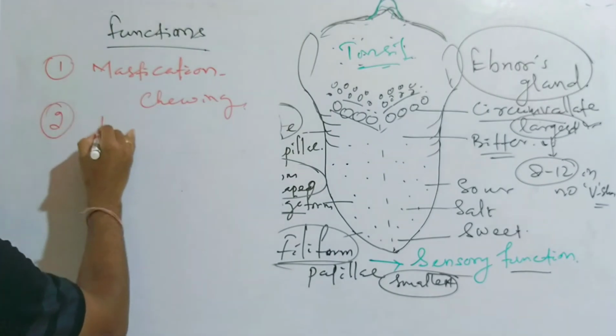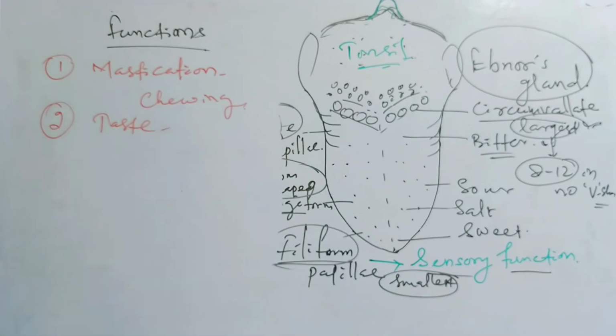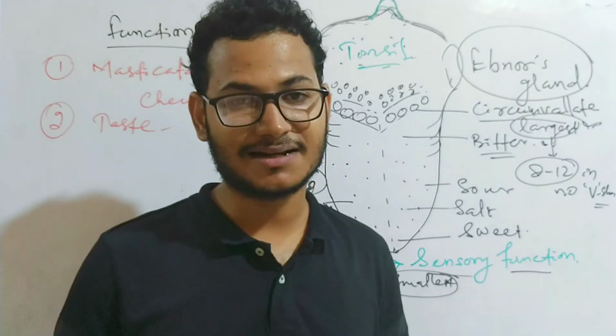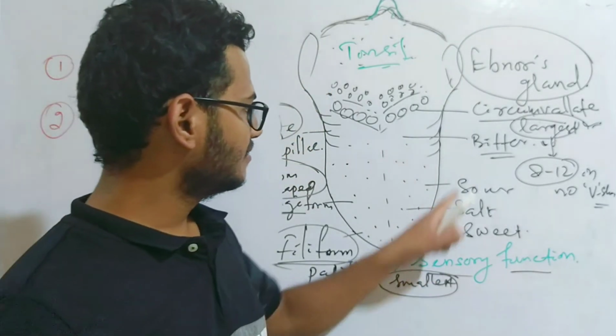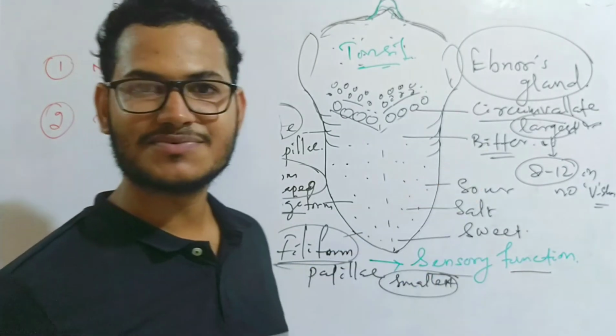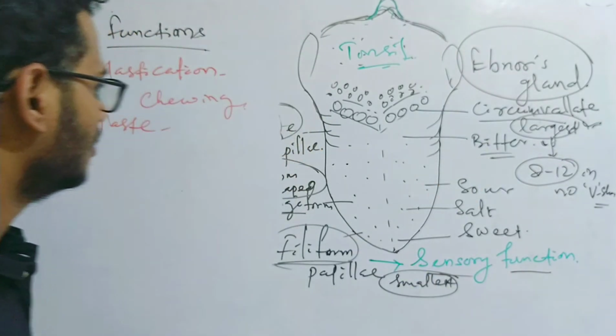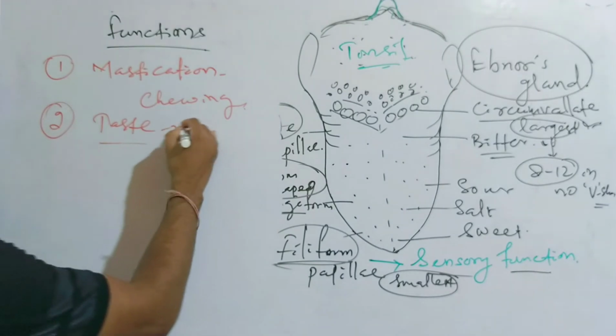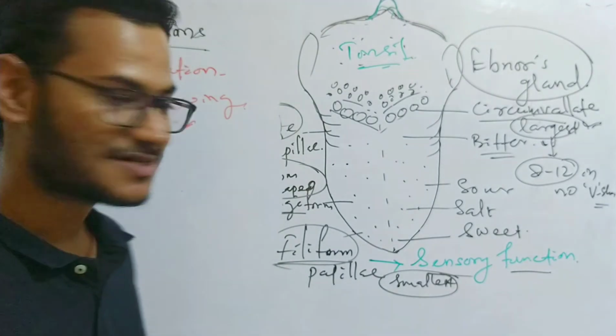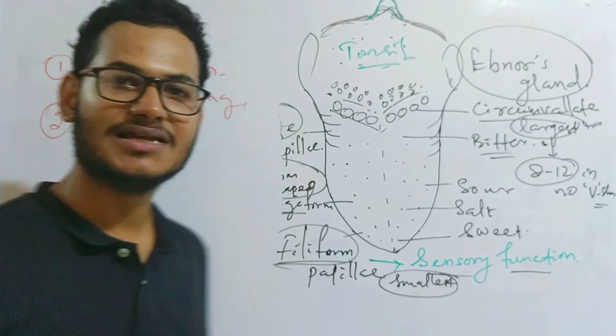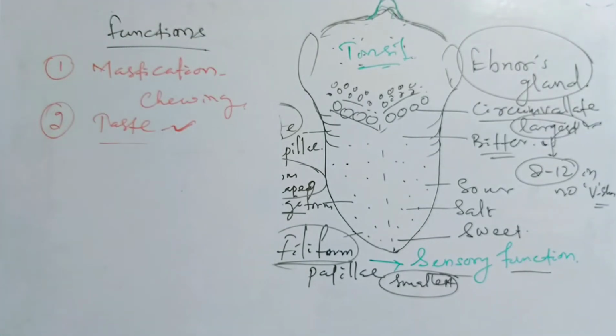Number two, it is the taste. The tongue helps in detecting taste, as we already discussed about the 4 different types of taste buds present on the tongue. So taste is very important for us. To detect various types of taste in food, the tongue plays an important role.